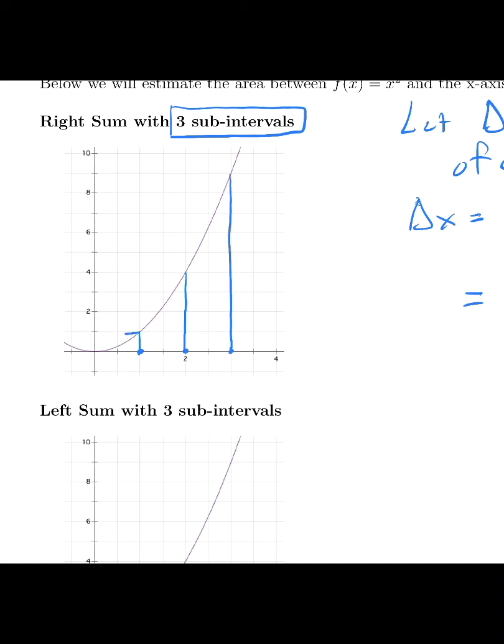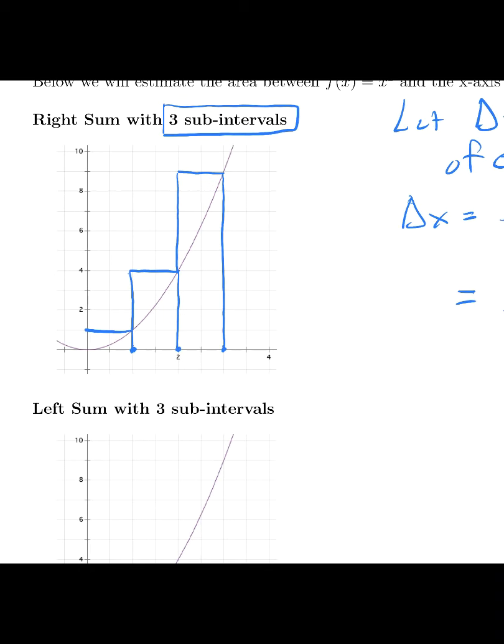Okay, so I use this endpoint as the height of a rectangle on the interval from 0 to 1, this one on the interval from 1 to 2, and this one on the interval from 2 to 3. And so our right-hand sum with 3 subintervals is going to be the area added up of those 3 rectangles. Well, let's see.